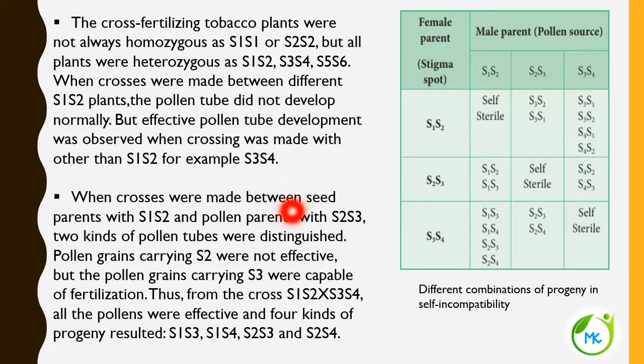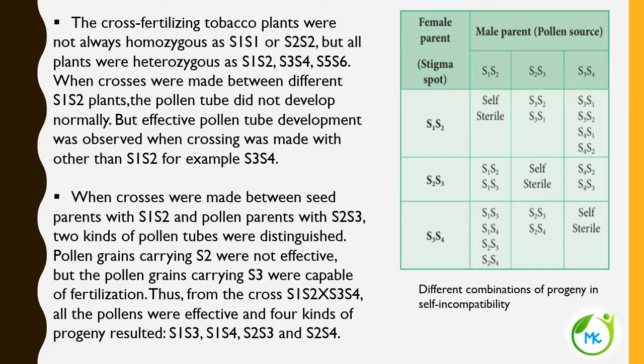When crosses were made between seed parents with S1S2 and pollen parents with S2S3, two kinds of pollen tubes were distinguished. The pollen carrying S2 was not effective, but the pollen carrying S3 was capable of fertilization. But in the cross between S1S2 and S3S4, all the pollens were effective.